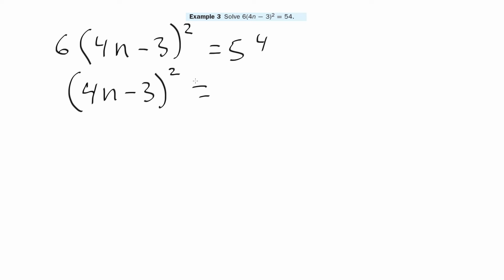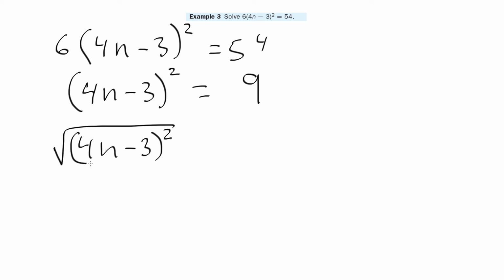Okay. Well, from here, rather than expanding this and making this into a larger quadratic, what I know is that 4n minus 3 squared equals 9. So I know that the square root of 4n minus 3 squared is equal to plus or minus the square root of 9.